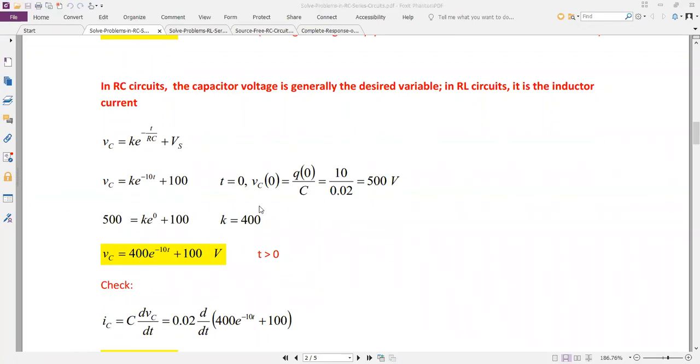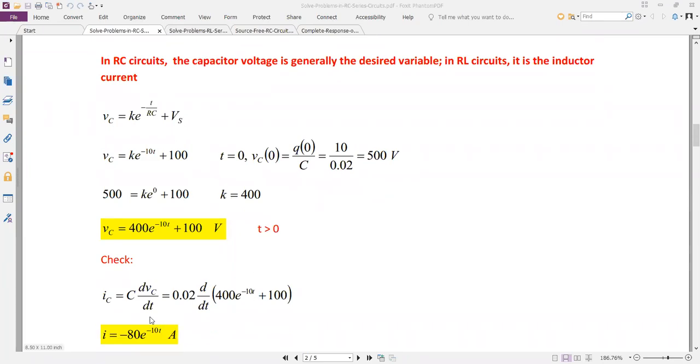If it's a different circuit, our equation will be different. Our equation will still be this, but of course we will have a different V sub S, a different RC, and a different K for that matter, which we will place in here. But the general formula is this one.